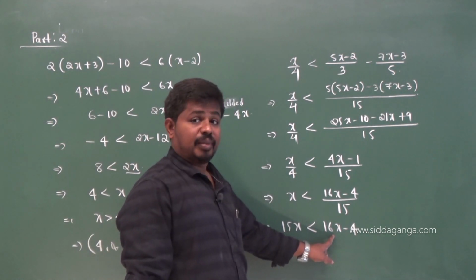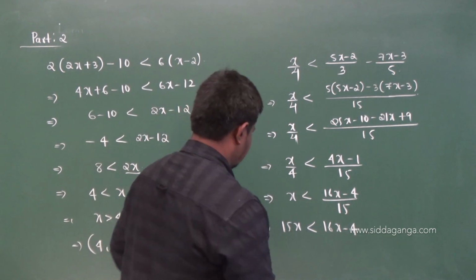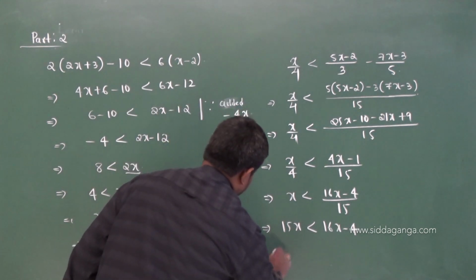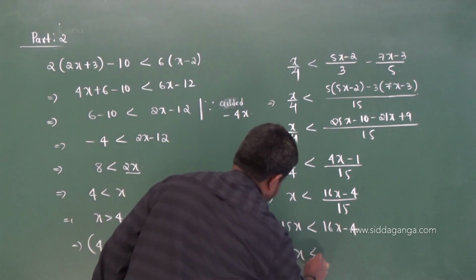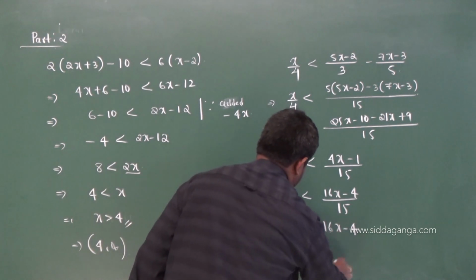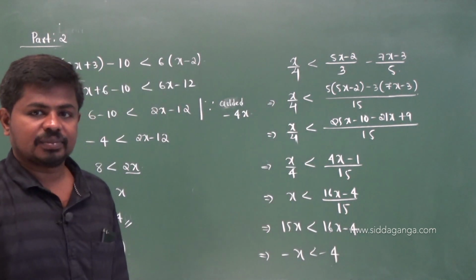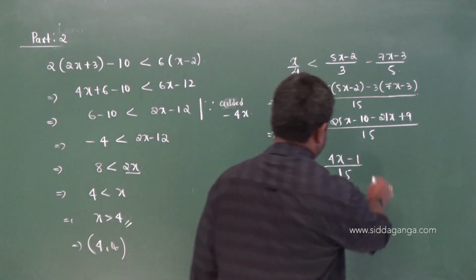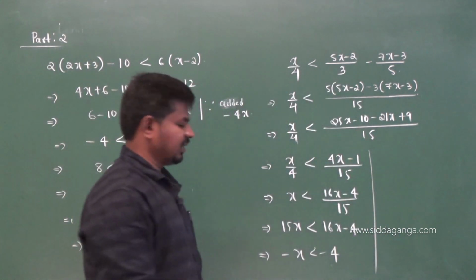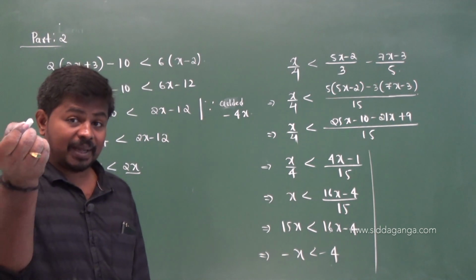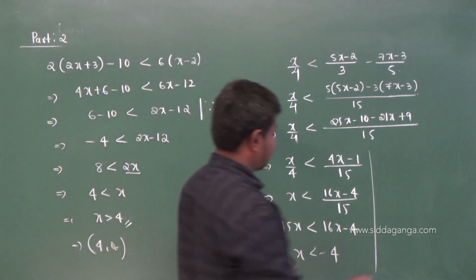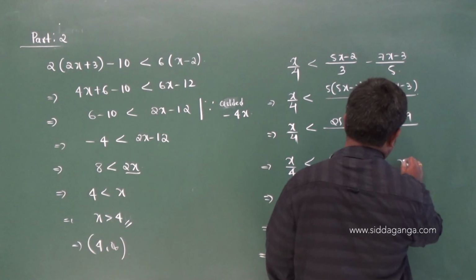Now we have 15x and 16x. Add minus 16x on both sides. So 15x minus 16x is minus x, 16x minus 16x gets cancelled, minus 4. So minus x is less than minus 4. We should get plus x, no? So multiply by minus 1 on both sides. So you get x is greater than 4.